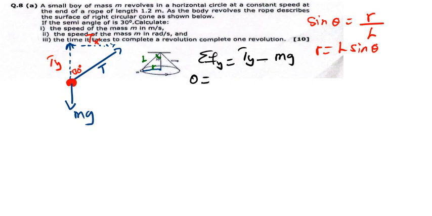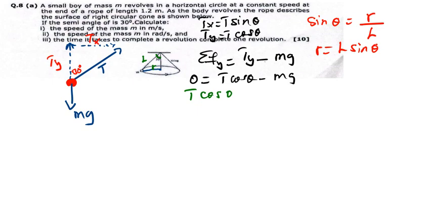According to SOHCAHTOA, this is the adjacent, sorry. Opposite is tx. So tx will be t sine theta, ty will be t cos theta. This gives me t cos theta minus mg equals 0. Now I shift this mg to the other side, so t cos theta is equal to mg. Let's call this equation 1.